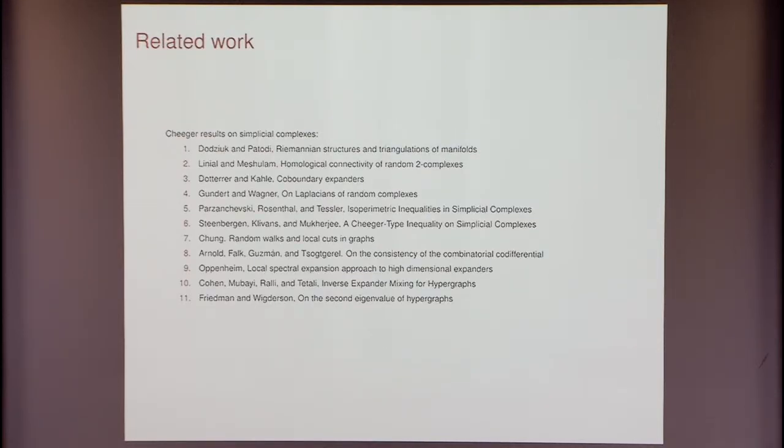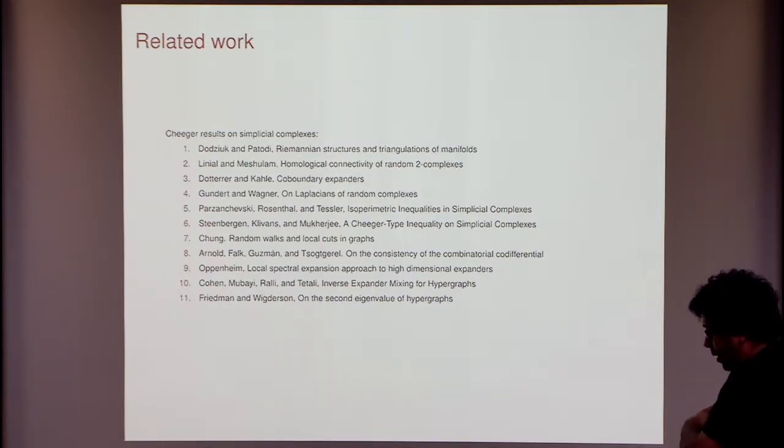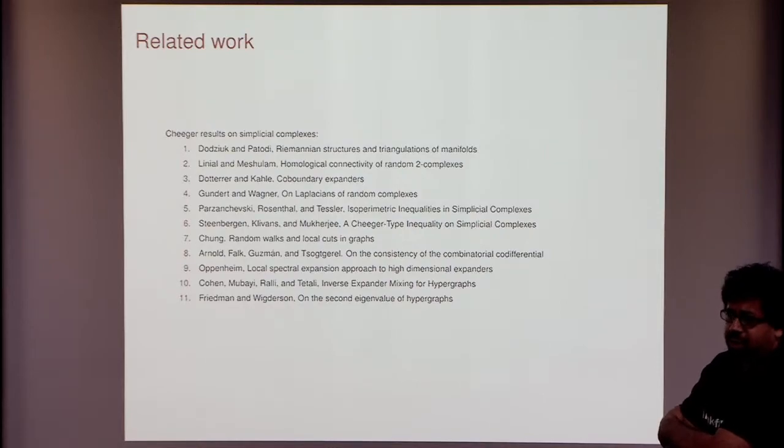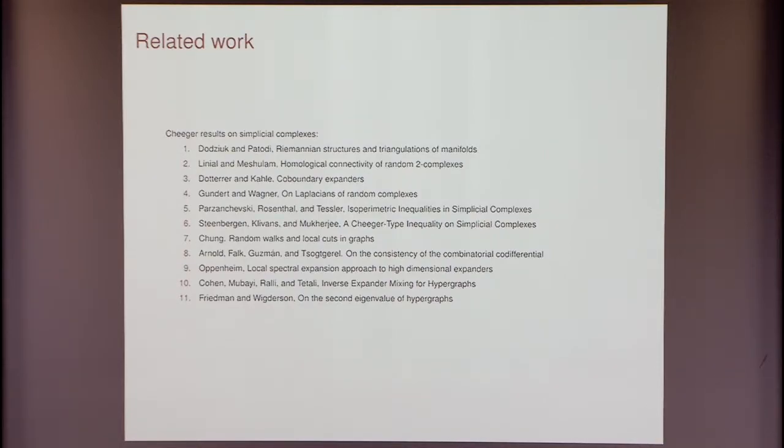So, related work. In a very discrete perspective, Dodziuk and Patodi studied Riemannian structures and triangulations of manifolds. I would say from the theory field, there are really beautiful ideas by Linial and Meshulam, who had a random complex model, which I'll show you later on, and really tried to understand properties of that.